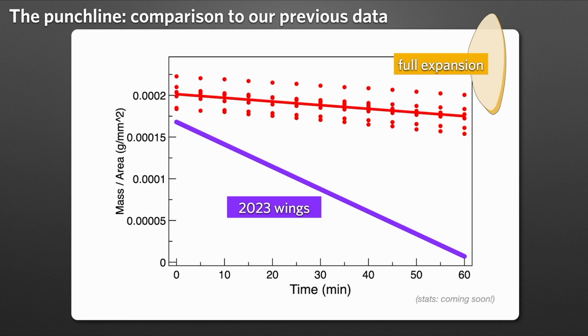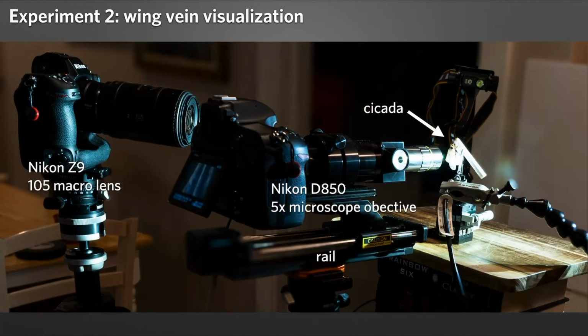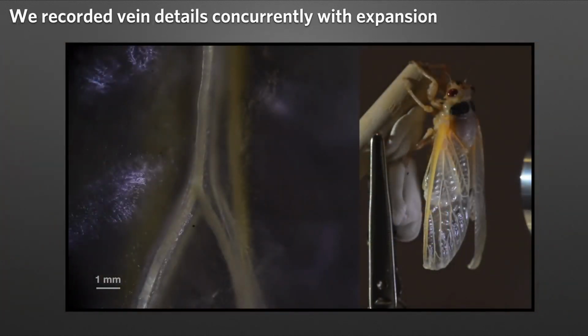Okay, so for experiment number 2, we did a visualization of the wings. We have this microscope objective on a camera and a second camera to look at the full wings. So with our microscope objective, we could look at a vein here, and then there's the wing expansion for reference.